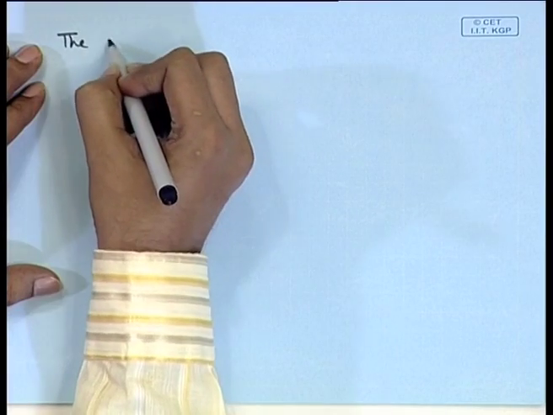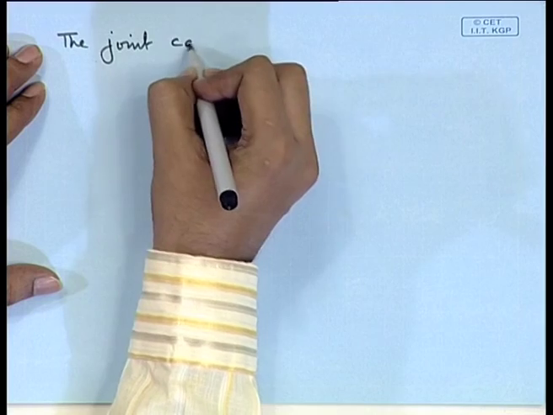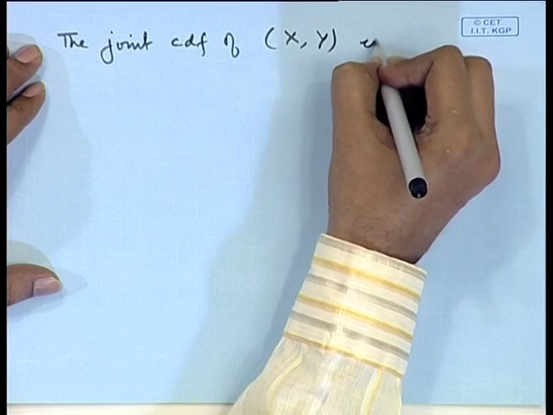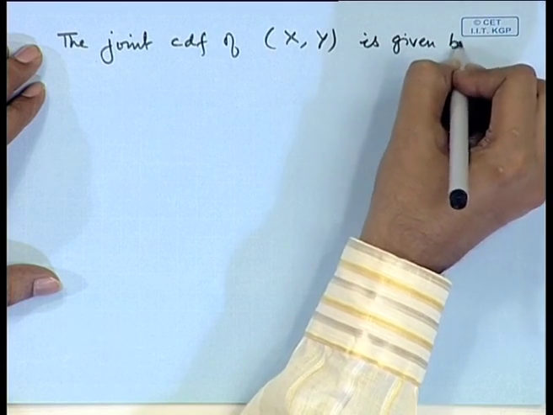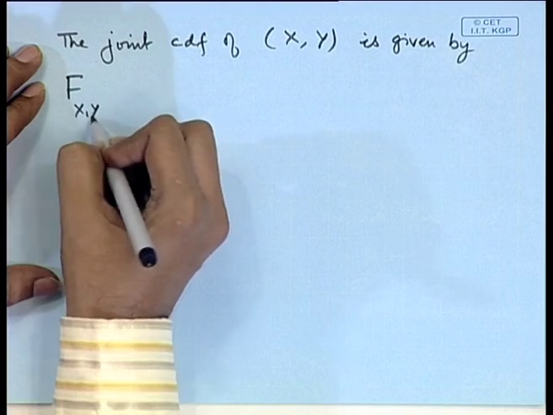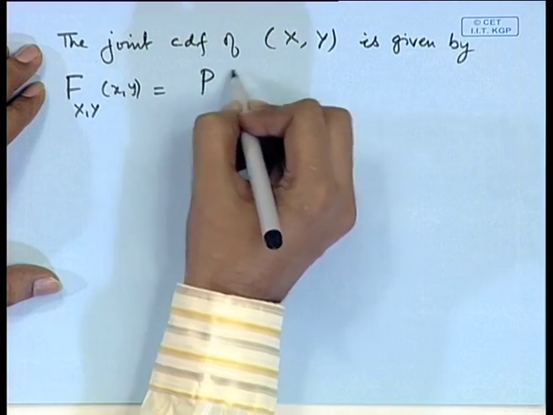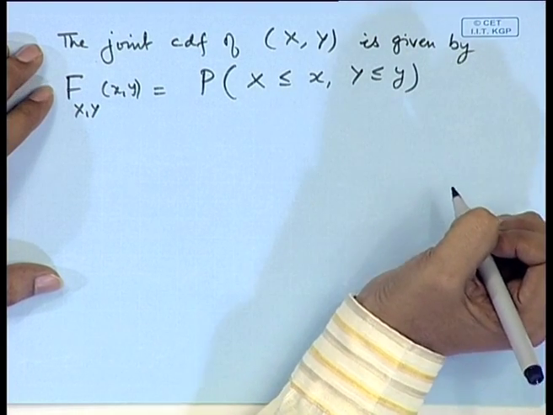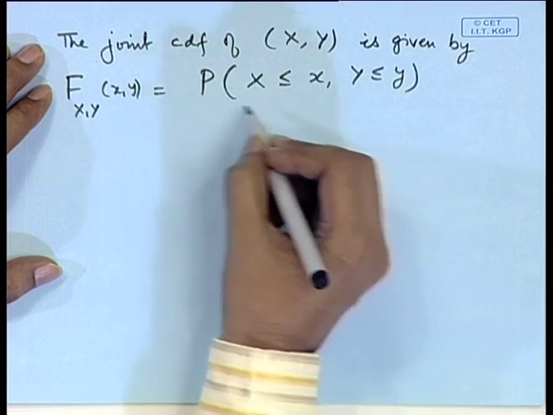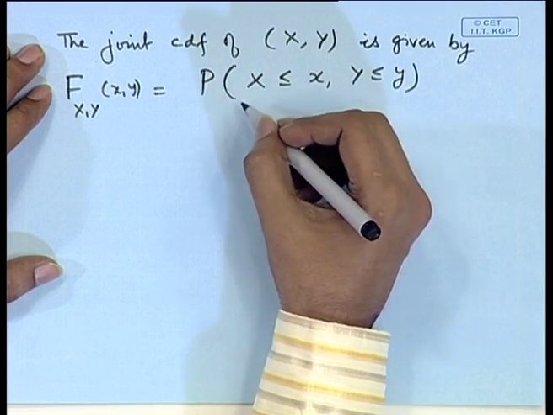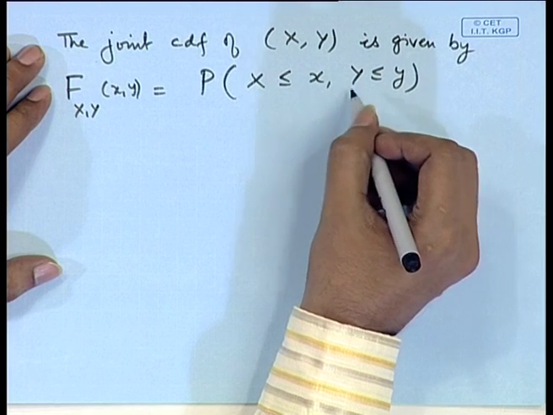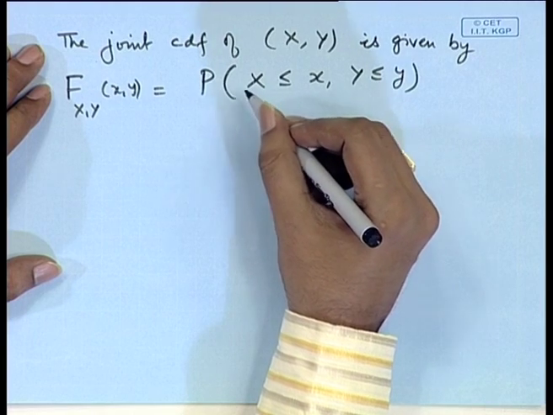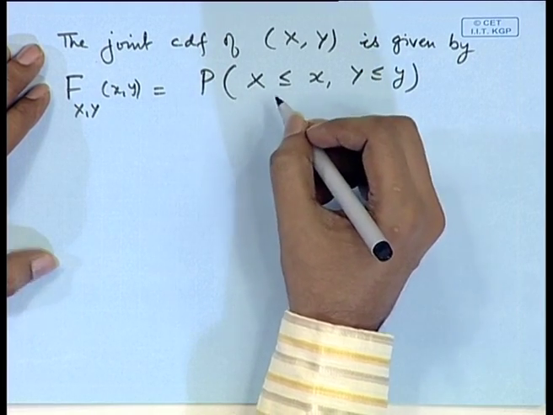So, the joint CDF of a bivariate random vector (x, y) is given by F(x, y) as probability of X ≤ x, Y ≤ y. So, we can see here that this function gives information about the type of the random variables that x and y are, as well as it will yield the individual CDFs of x and y also.